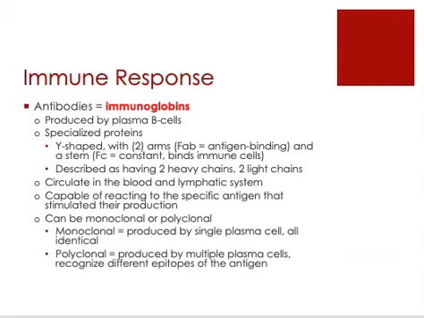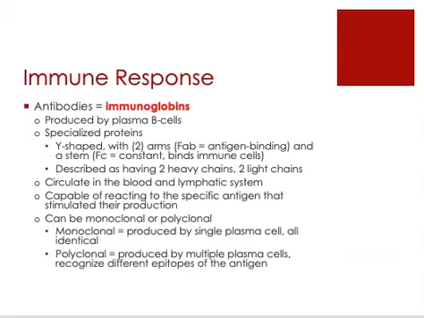So a monoclonal antibody is an antibody that gets produced by a single plasma cell. In other words, all of the antibodies that come out of one plasma cell would be called monoclonal antibodies. They are all identical. They're all clones of each other.